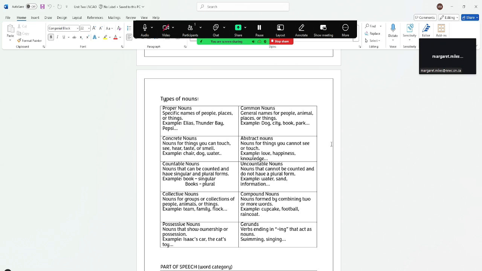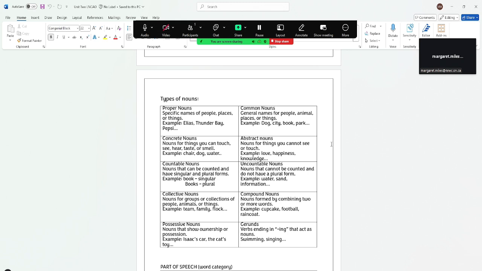Countable nouns, nouns that can be counted and have singular and plural forms. Book, singular, books, plural. Uncountable nouns, nouns that cannot be counted and do not have a plural form. For example, water, sand, and information.